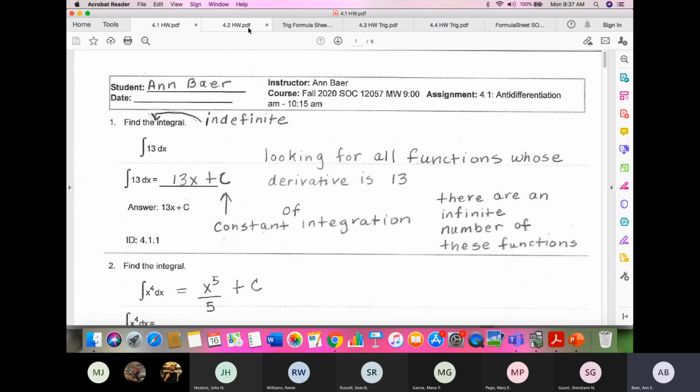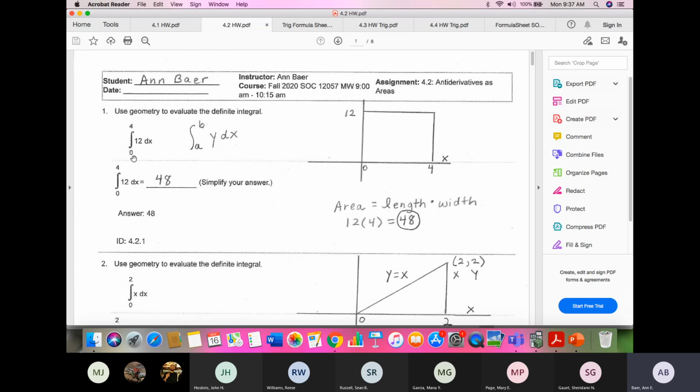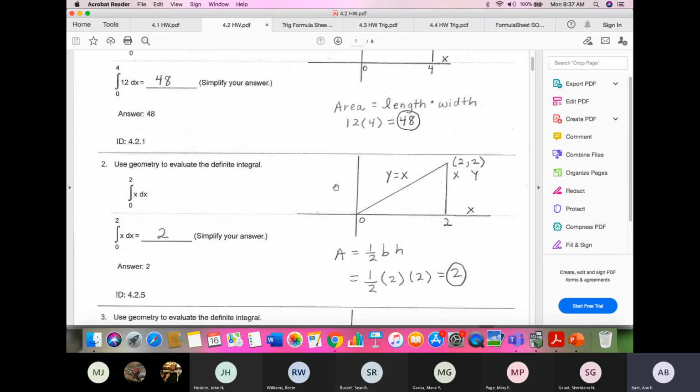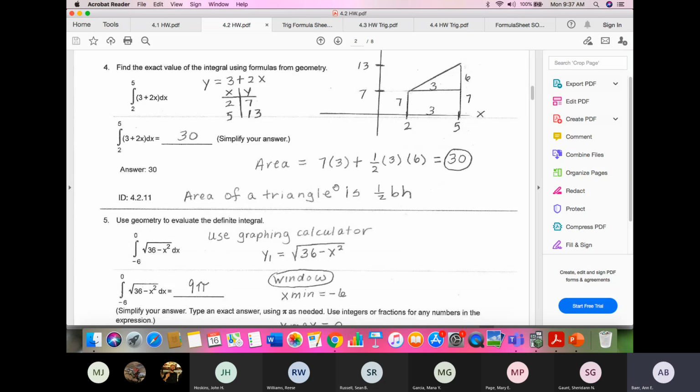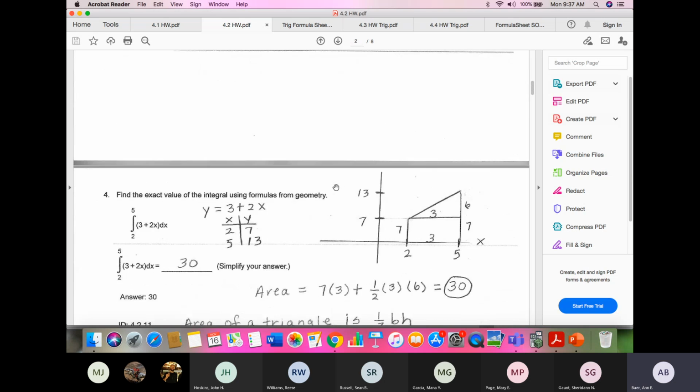As opposed to what we are going to look at on Wednesday, these definite integrals. And you can see that we've got a number that's down here, this is 0, and a number up here, this 4. And these have to do with areas. And you can see that I've got some graphs drawn that look like I'm finding the area.